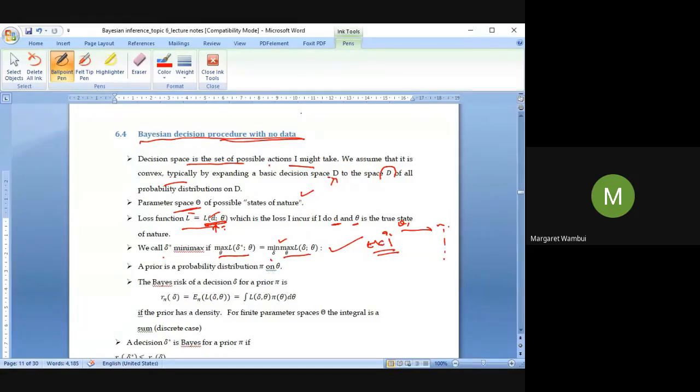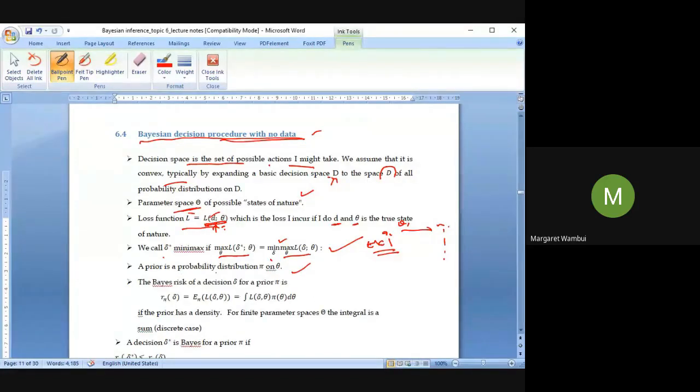So you can see that's an example of a Bayesian procedure with no data. But then you can go ahead and upgrade that question that we had and you have a prior probability being provided.